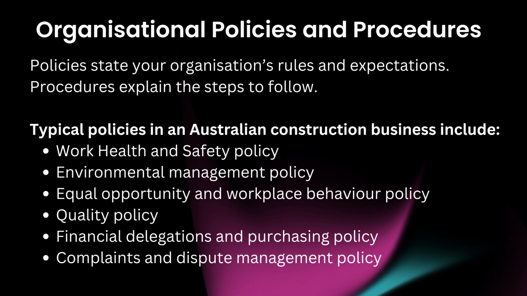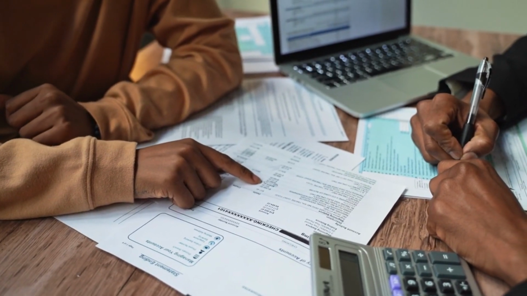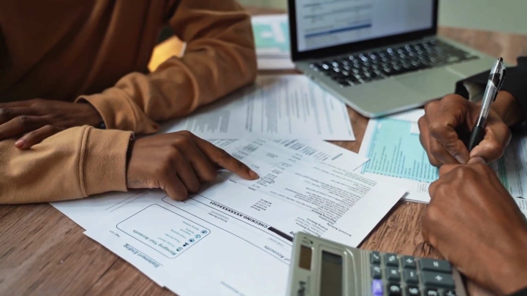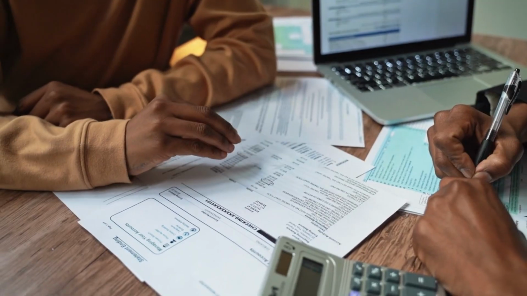Organizational policies and procedures. Policies state your organization's rules and expectations. Procedures explain the steps to follow. Typical policies in an Australian construction business include work health and safety policy, environmental management policy, equal opportunity and workplace behaviour policy, quality policy, financial delegations and purchasing policy, complaints and dispute management policy.